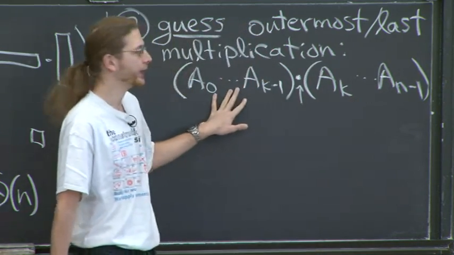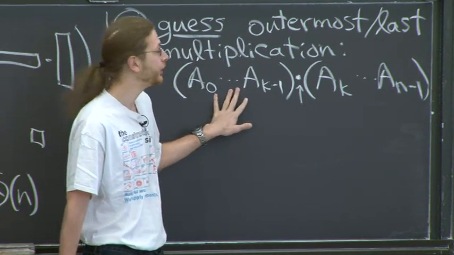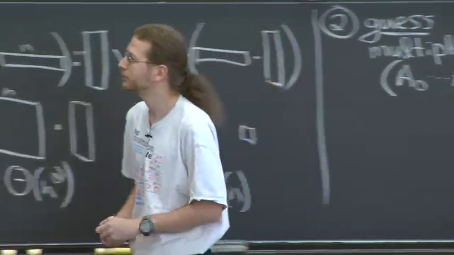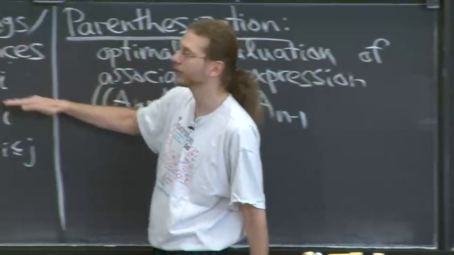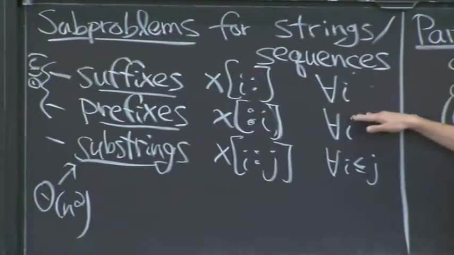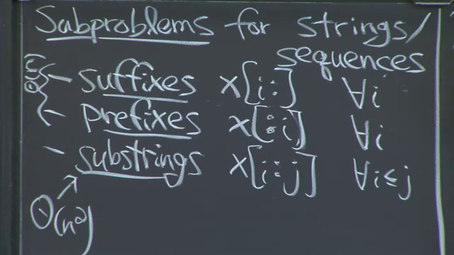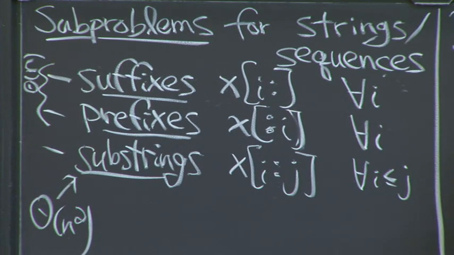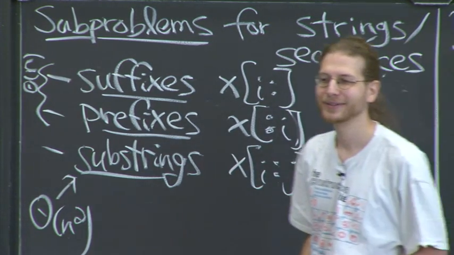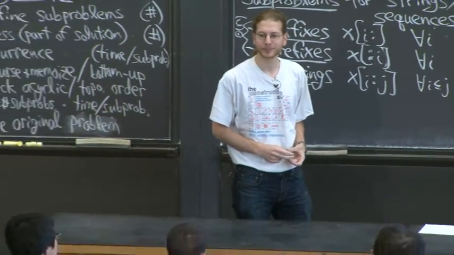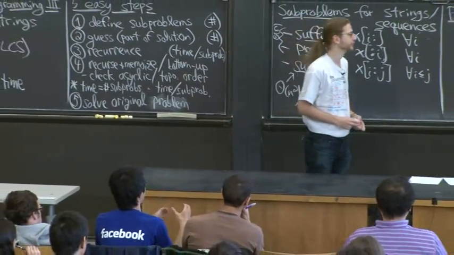Now, this looks like a prefix. This looks like a suffix. So do you think we can just combine subproblems, suffixes, and prefixes? How many people think yes? A few. How many people think no? OK, why? For example, if you were to split the left half again, and you went to the right half, you wouldn't have.